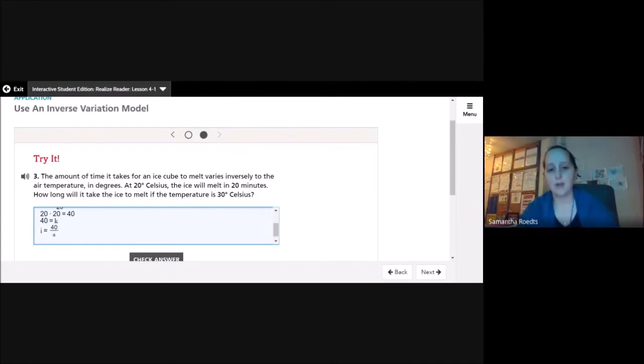Okay, and I want to know how long it will take at 30. So I have I equals 400 divided by 30.